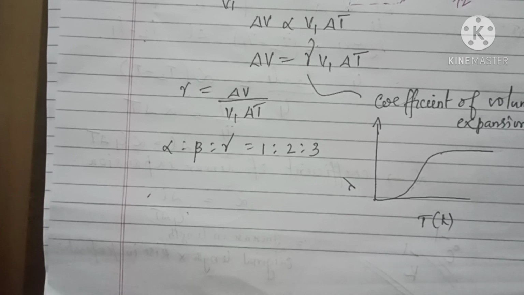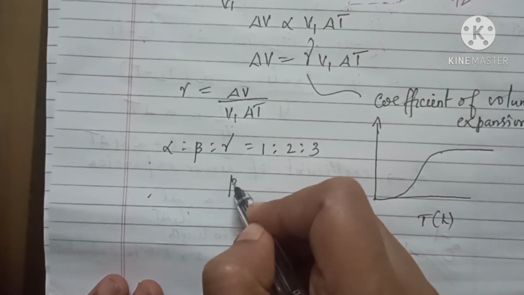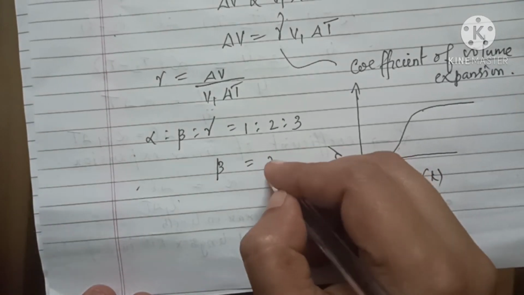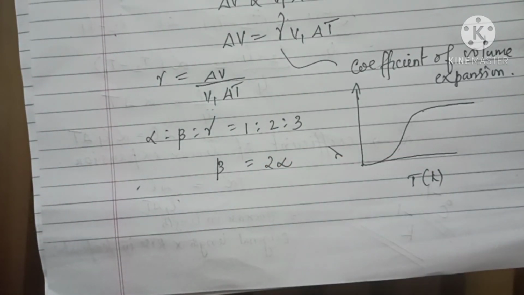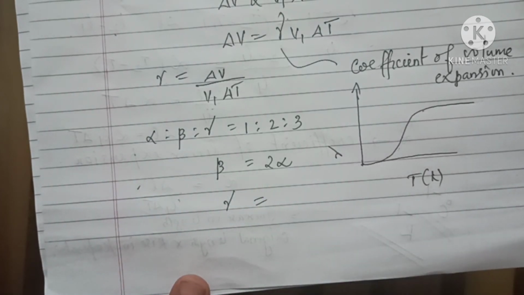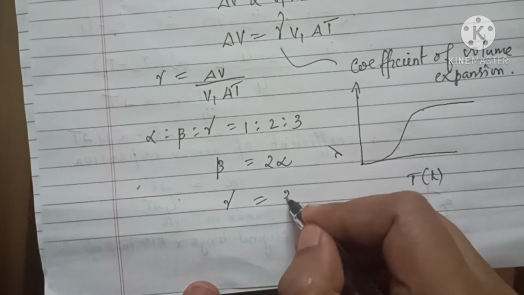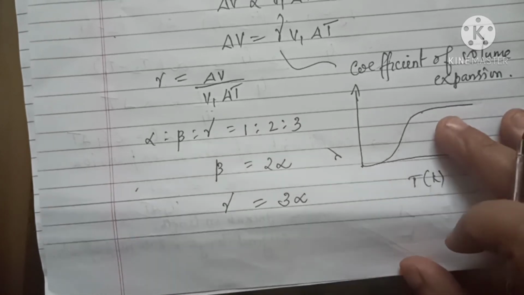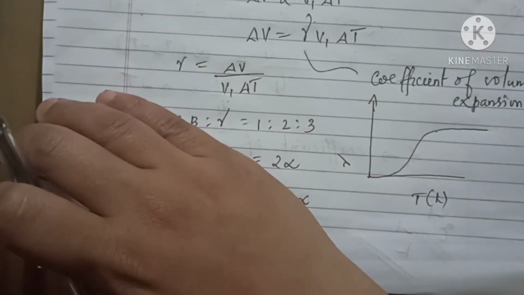That's the relation, or you can write beta is equal to 2 alpha. You can prove this one. Beta equal to 2 alpha, or gamma equal to 3 alpha. So these are the relations between alpha, beta and gamma.